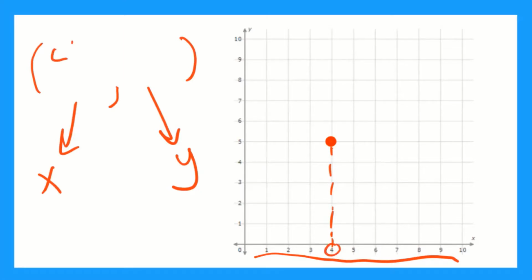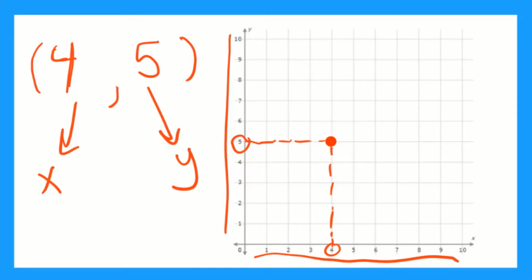So I can put 4 in here. And now to find my y-coordinate, I know it lives here on my y-axis. So if I draw a little line over to my y-axis, it meets up at y-coordinate 5. So I can put that right there. Now I can label my point as point 4, comma 5.